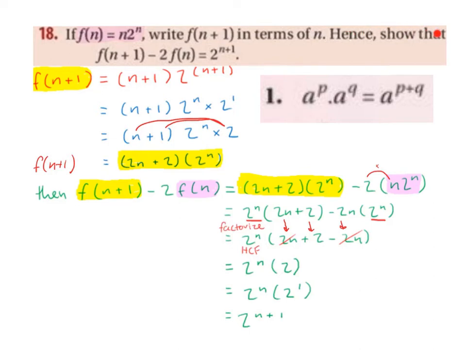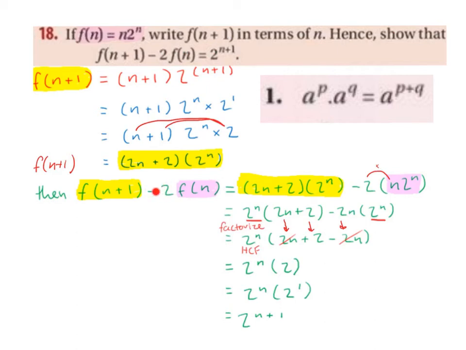Now we're going to show that f of n plus 1 minus 2 times f of n is equal to 2 to the power of n plus 1. So we just found out a minute ago that f of n plus 1 is equal to 2n plus 2 times 2 to the power of n. So basically just swap this for this.